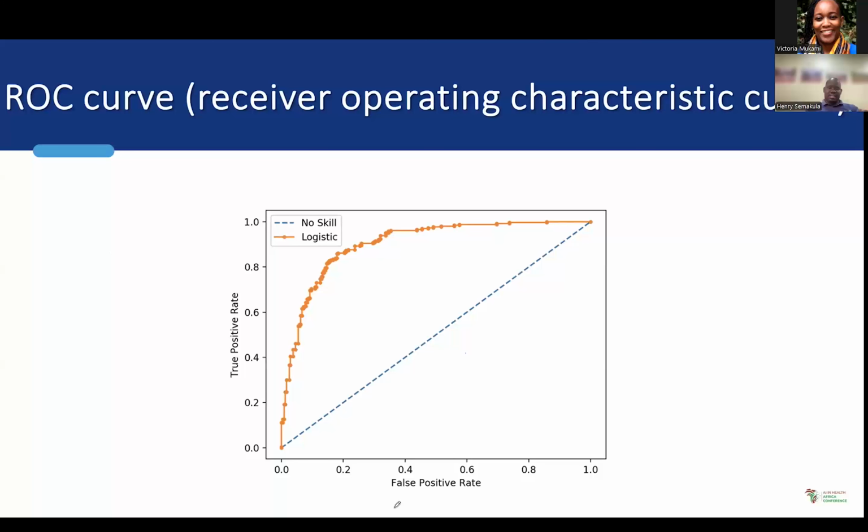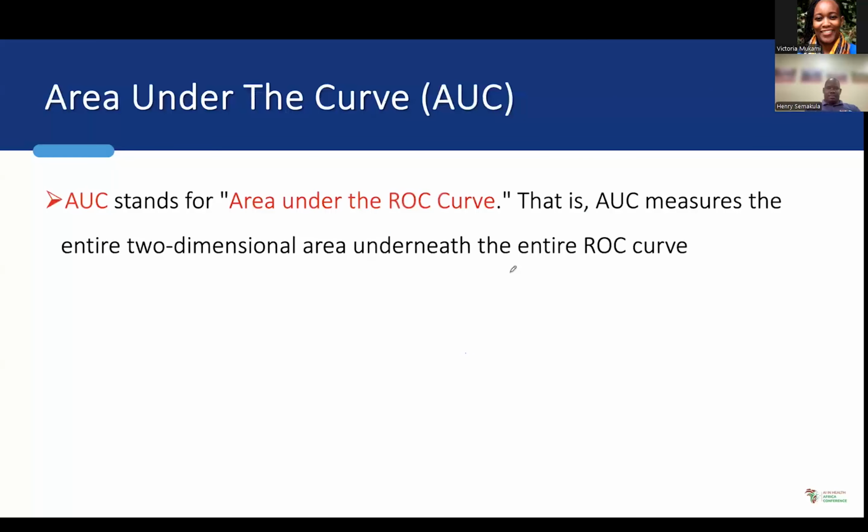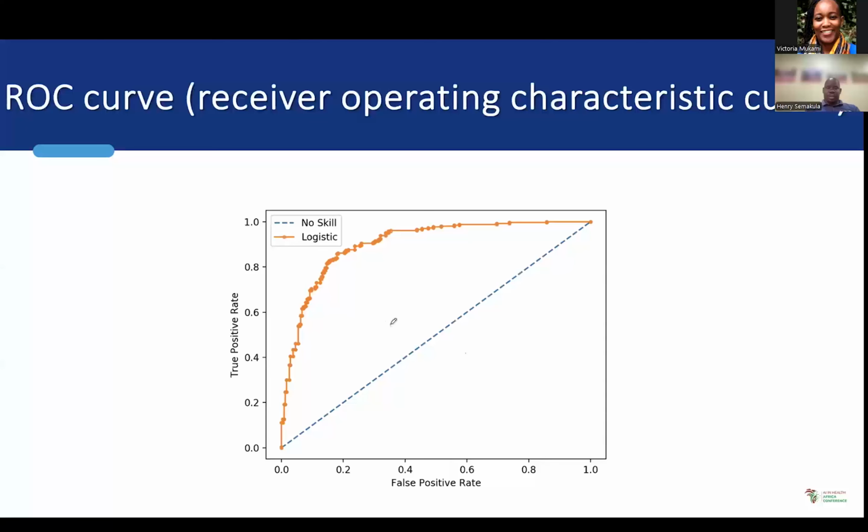This is just an example of the curve. Much focus should be on the area under the receiver operating characteristic curve. When you do the plotting, you should focus on the area under this curve.